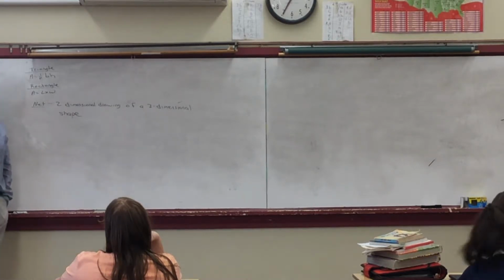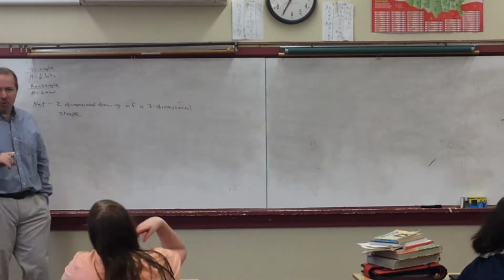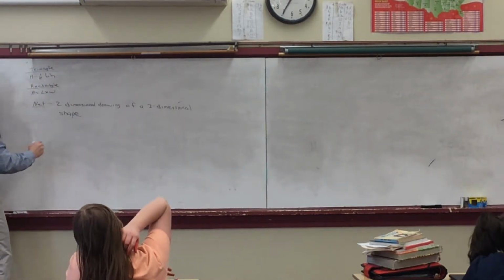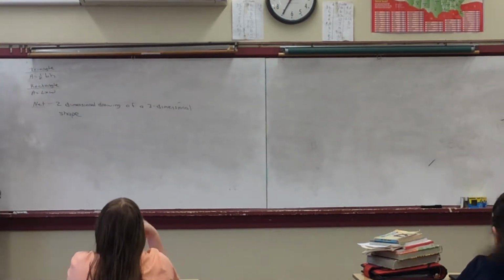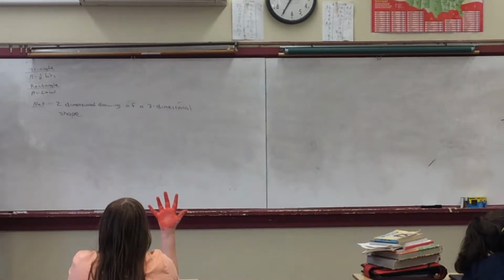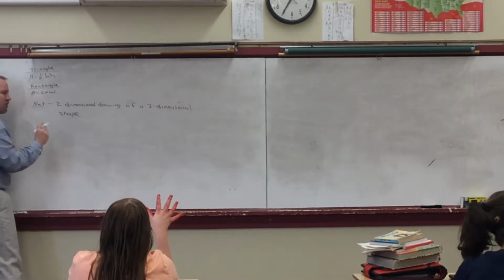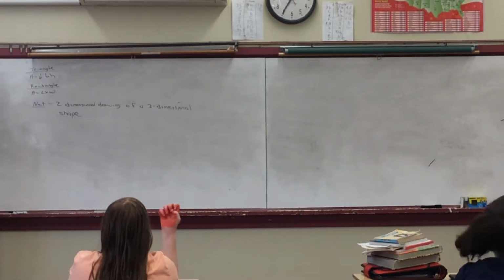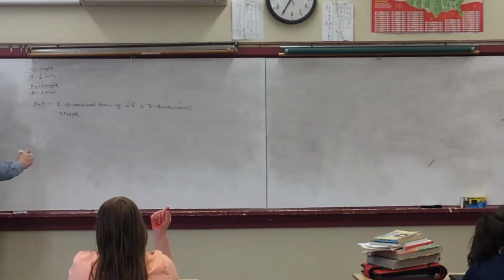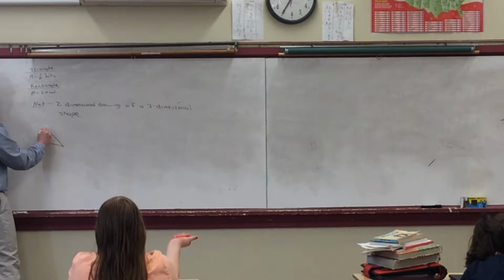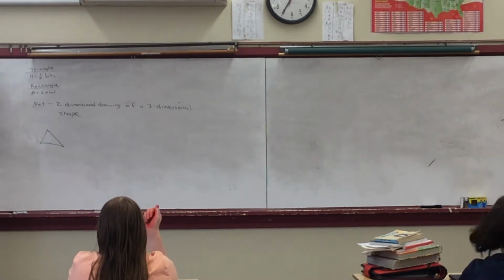Okay, now, here's an art lesson for you real quick. And believe me, my artistic abilities are 0. But you're going to need to be able to draw prisms and pyramids. So, if you want to make a pyramid, the easiest thing to do, let's say we have a triangular pyramid. Draw a triangle.